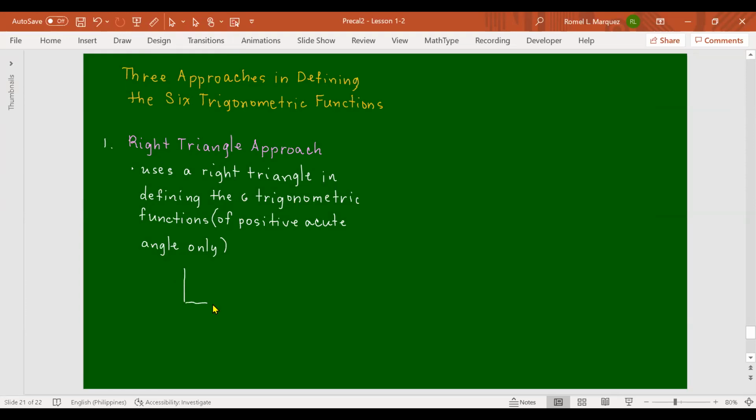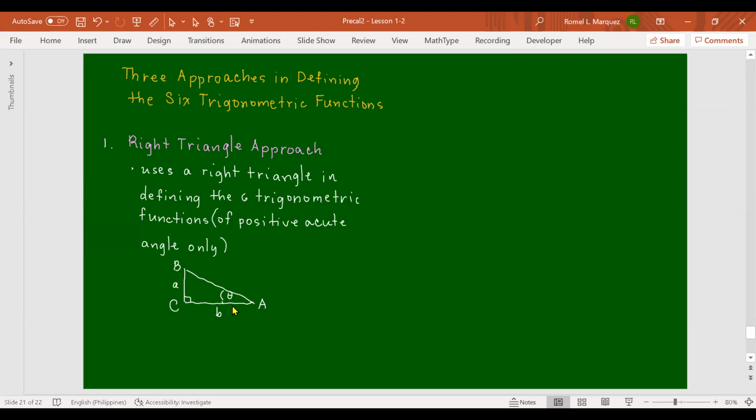Again here, we will use a right triangle. You will have a right triangle. So this is, for instance, angle theta. And this is named, let's say, A, this is B, and this is C, with angle B and angle A or theta.